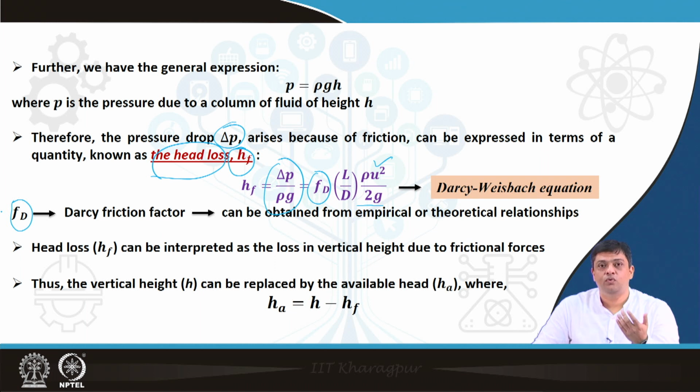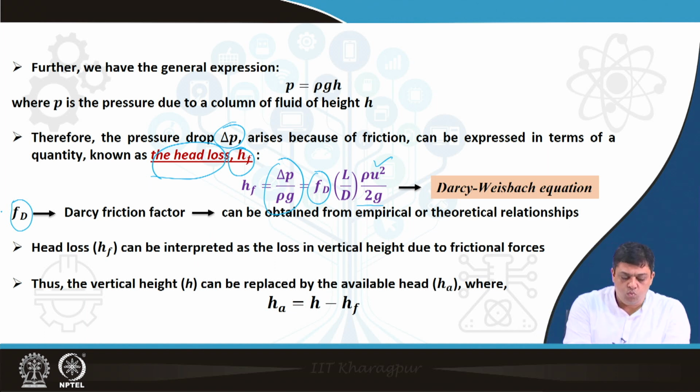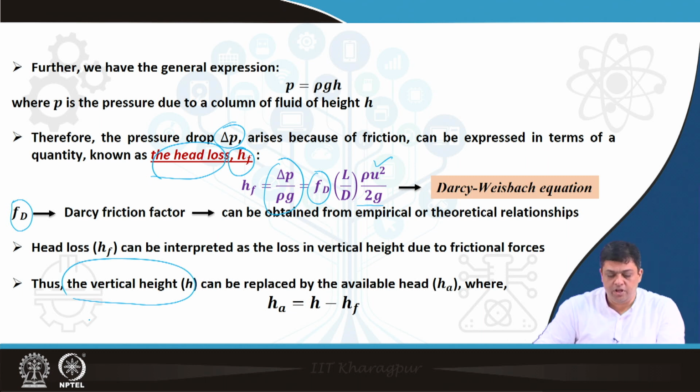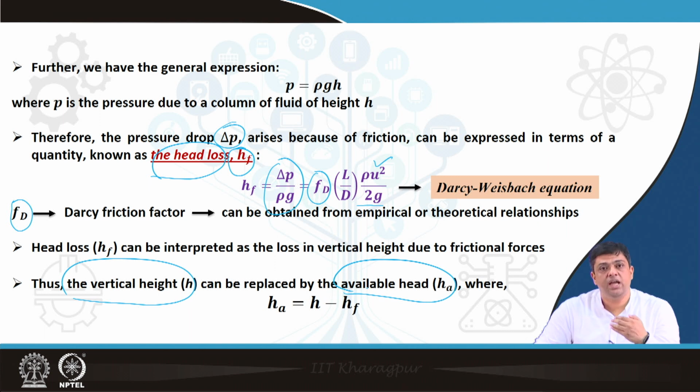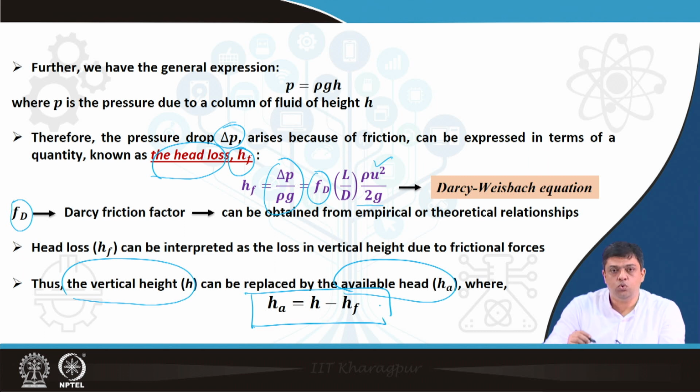It results in a certain loss of energy, and that is called the head loss. So, the quantity vertical height can be replaced by the term available head, written as HA, where HA is equal to H minus HF.